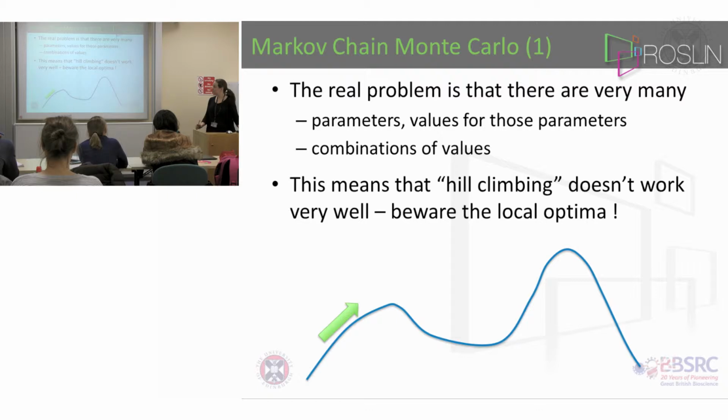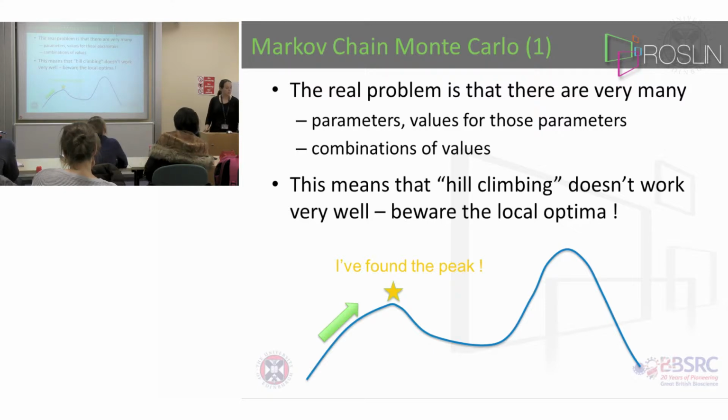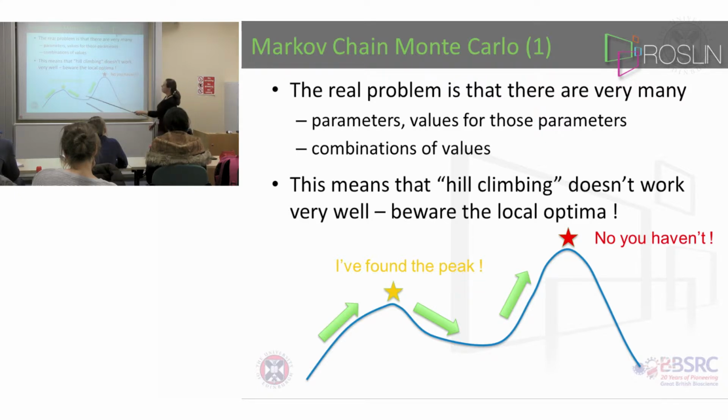So if you started at one place, thought you found the peak just by going up all the time, in actual fact, you wouldn't have done. And really, when you're looking through the parameter space to find the good set of parameters, you'd have to go down a bit before you could go up to find the real peak.